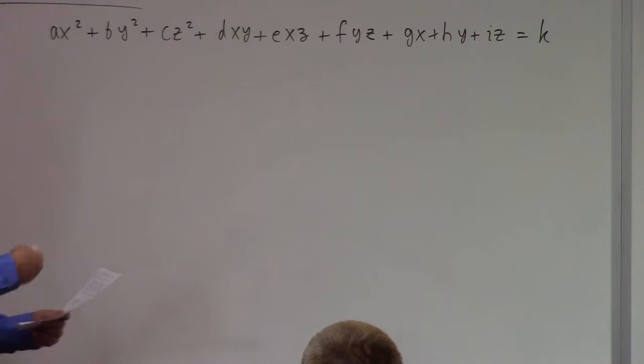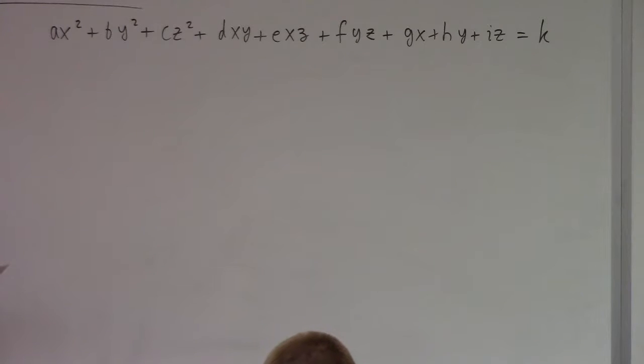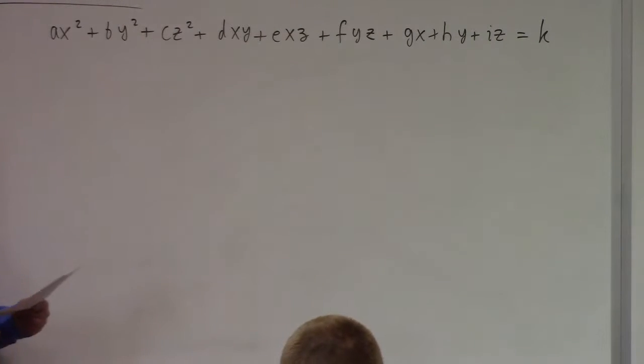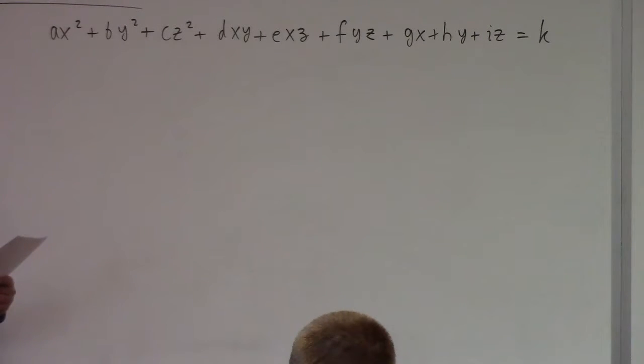So as you look at this handout I just gave you, first of all, we see that we get an ellipsoid, right? When we just have the first three terms and the rest of the stuff is gone. We can get an elliptical cone. We can get a hyperboloid of two sheets, a hyperboloid of one sheet, an elliptic hyperboloid, elliptical paraboloid, a hyperbolic paraboloid.